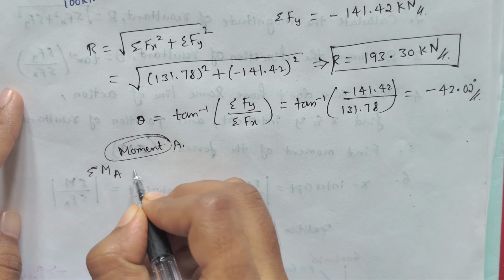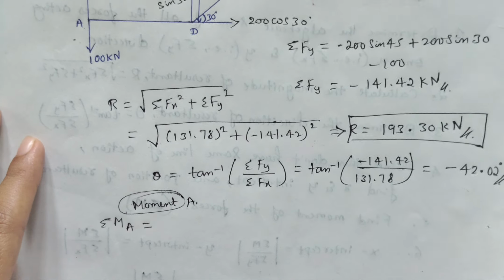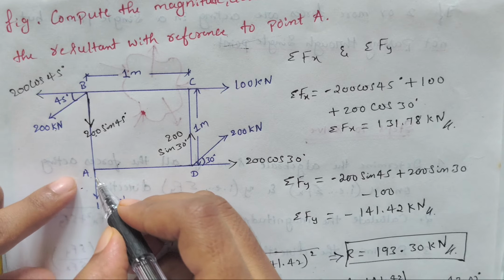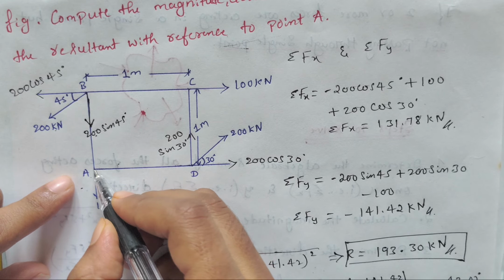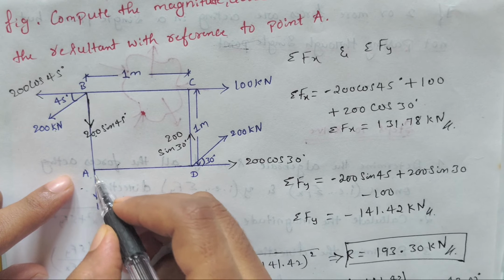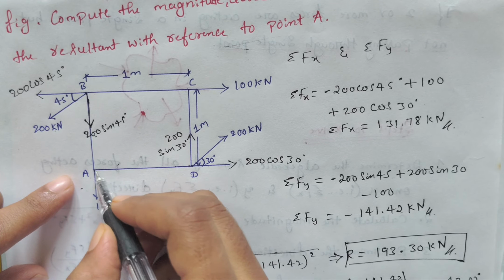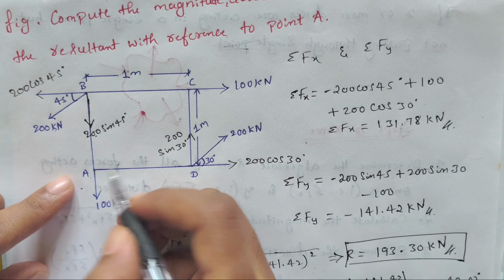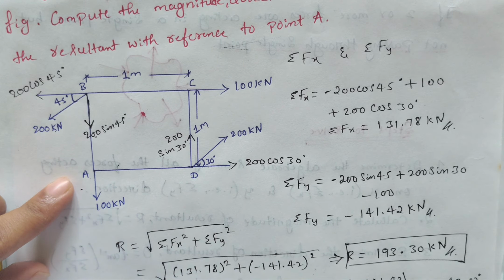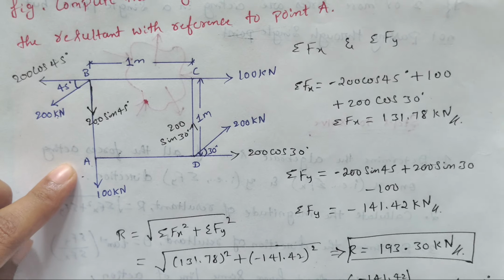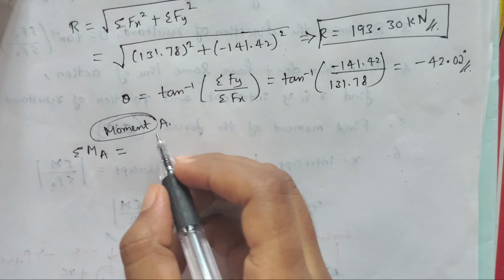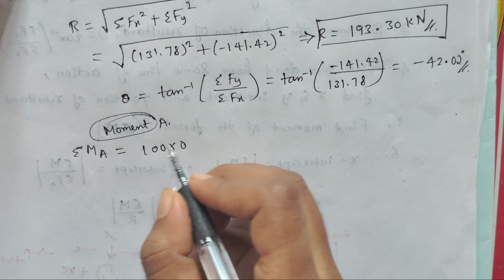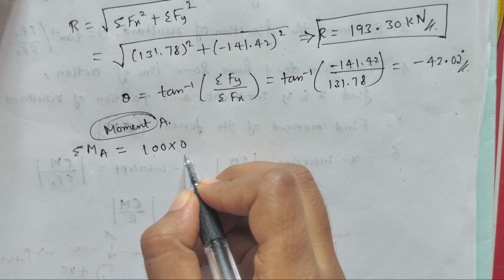So summation moment at A is equal to, first we'll start from this force. This force is at the point A itself. The force is like this, the perpendicular distance will be like this, and we can't see any perpendicular distance here, correct? So there will be no perpendicular distance, since it can be considered as 0. If you want to write, I will write it as 100 into 0, force into perpendicular distance.